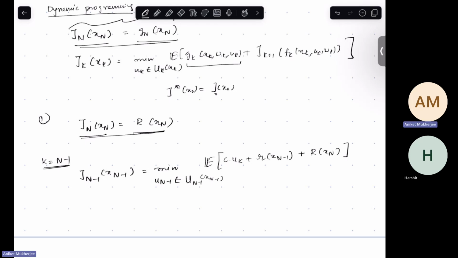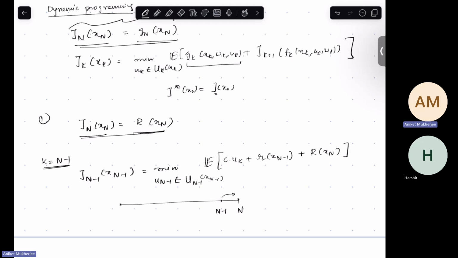So intuitively what this means is, in the timeline, you are at n minus 1 and you're trying to find the optimal strategy of going from n minus 1 to n. You're just doing one step optimization, nothing else.